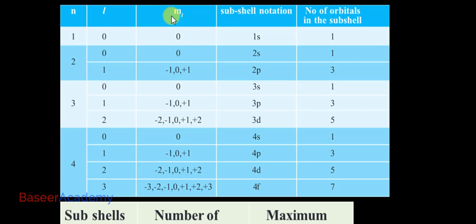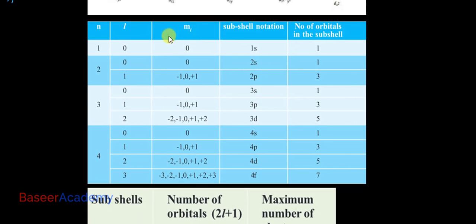And what are the possible M values? M takes values from -L to +L, right? So when the L value is 0, M will take values from -0 to +0. There's no such thing, 0 will not have a sign. So the only value for M is 0 here.